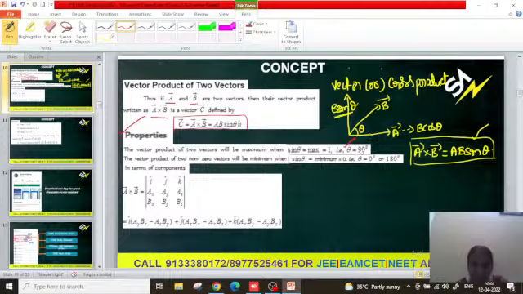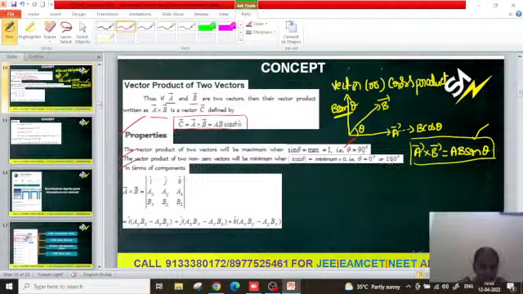So now A bar and B sin theta are perpendicular, and A bar cross B bar is equal to AB sin theta, which is the maximum. So the vector product of two non-zero vectors will be minimum when sin theta is minimum. Sin theta is minimum for theta equal to 0 or 180.